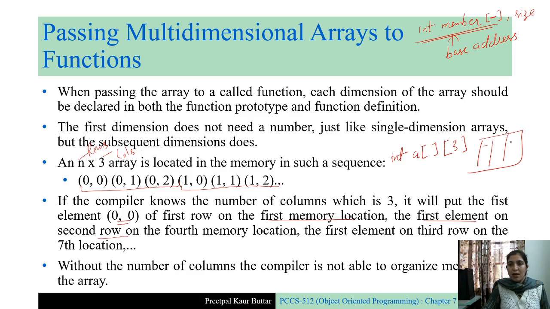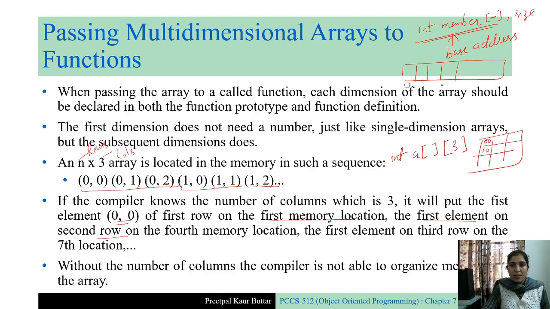Suppose this is the array. This is the first element of the first row. It will be put at location 0, 1, 2, 3. And then the first element of the second row, that is 1,0, it will be put at the 4th location.